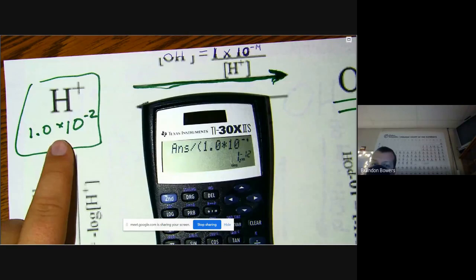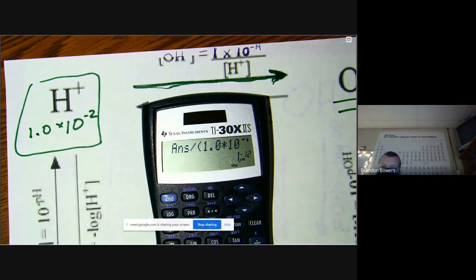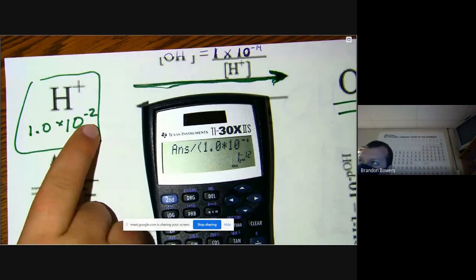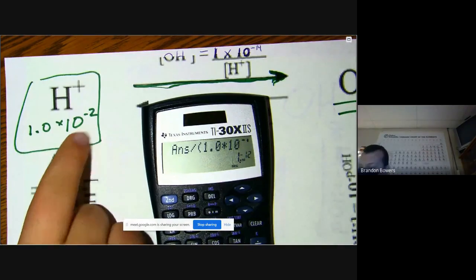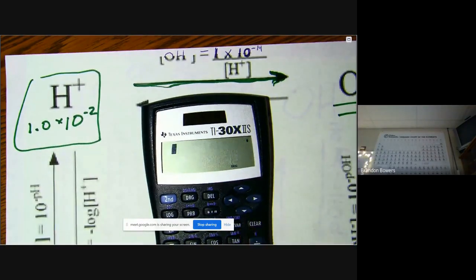Yeah, I got negative 16 too. I think it's because you put in the negative first on the exponent on your calculator. Let's try it again.